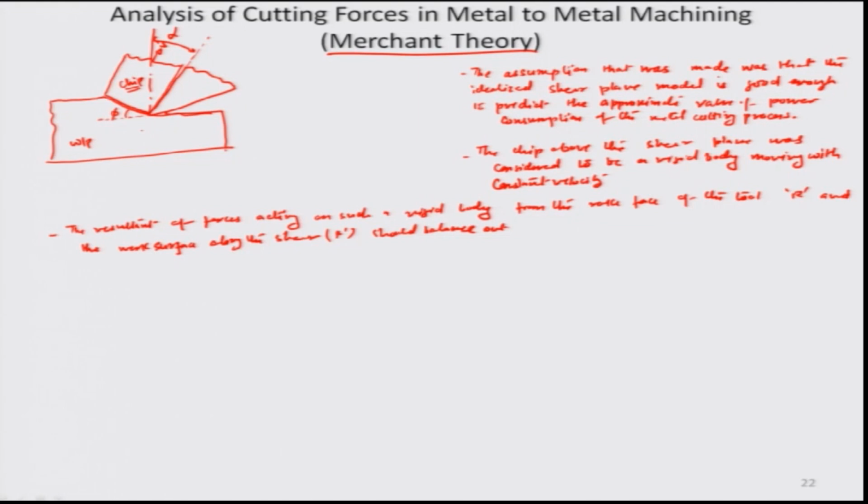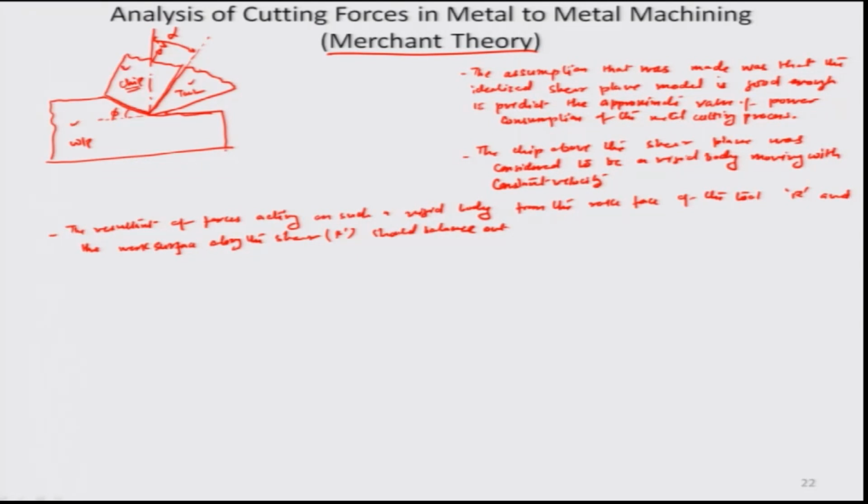Therefore, the force that the tool applies on the workpiece and whatever the workpiece applies back as a resultant should also be equal and opposite to each other. These are some of the presumptions made in order to analyze the Merchant circle or the force circle that comes in these three components, that is the chip, the workpiece and the tool.